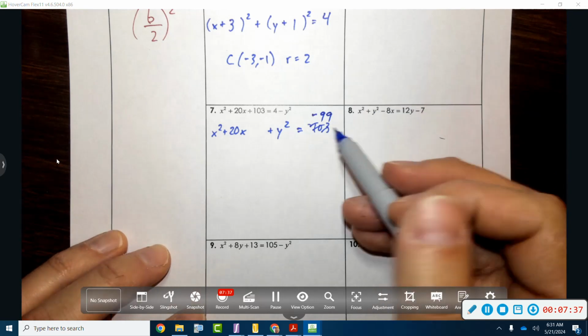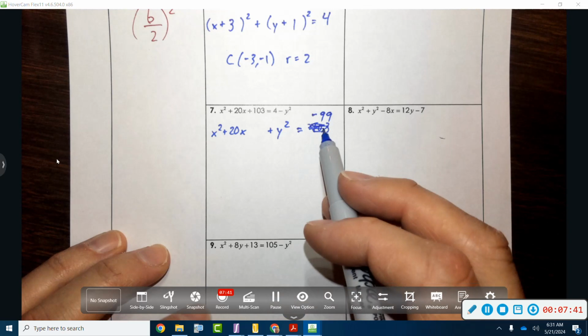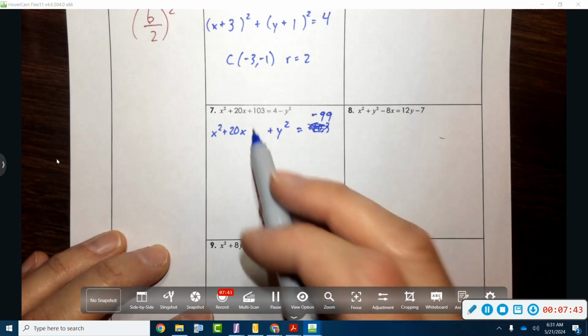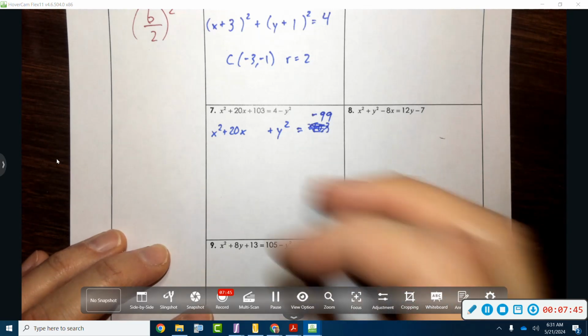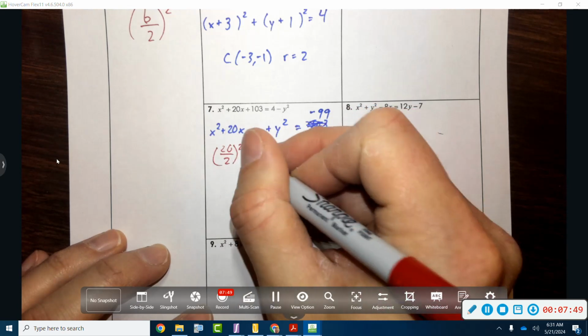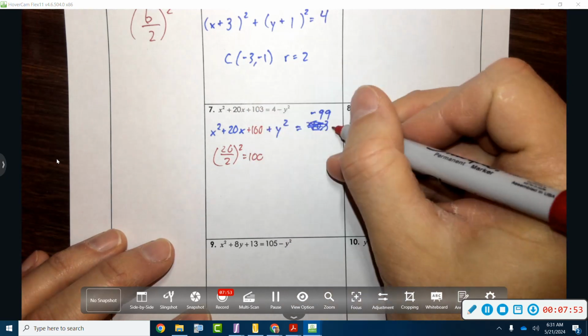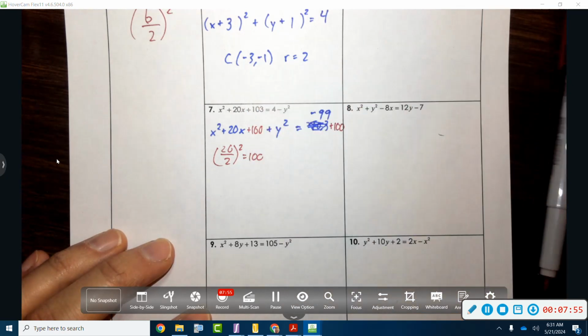All right, now don't worry about how big or small that number is over there or whether that is negative. It's going to change because we do need to bring that synthetic c here. So 20 divided by 2 is 10. Square that equals 100. So 100 goes here, and look at that. Perfect. Okay.